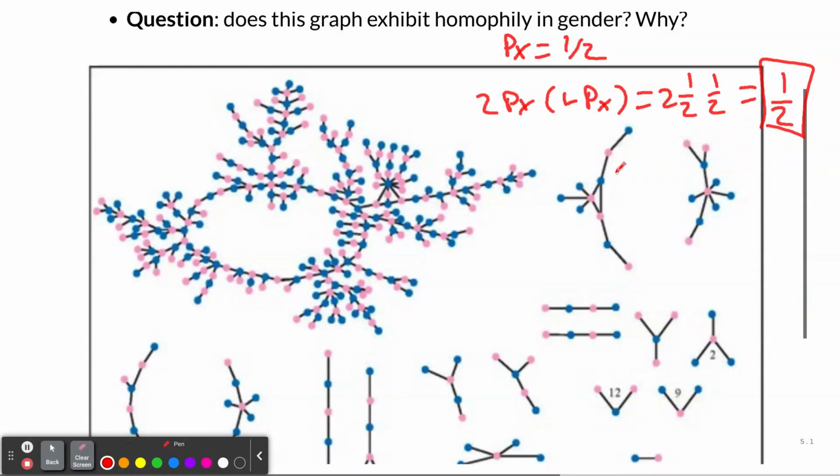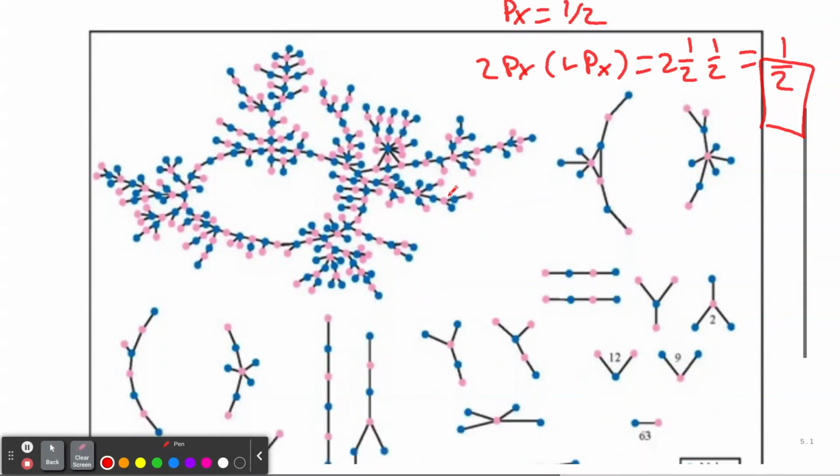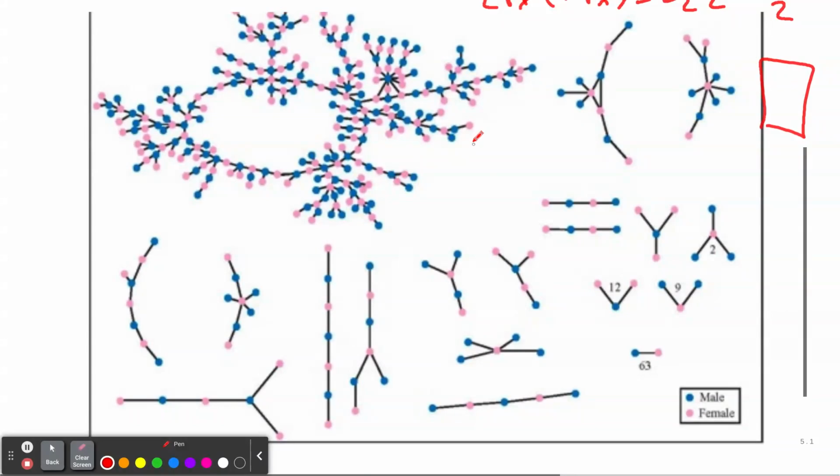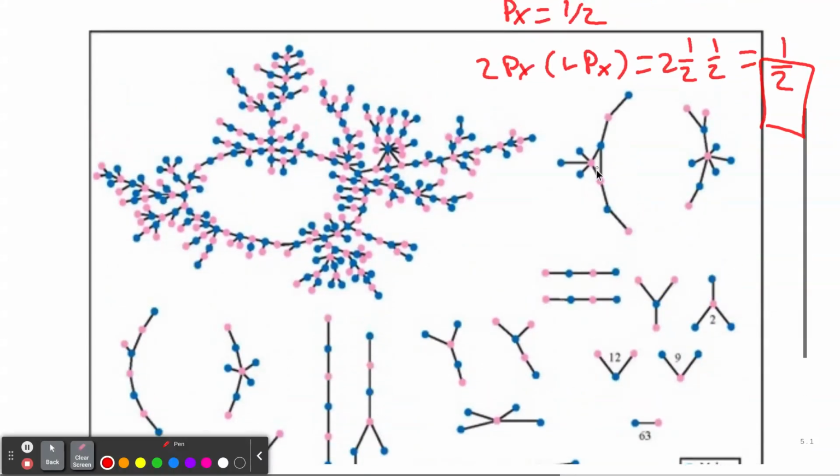Now, just eyeballing this graph, it looks like almost all of these edges are going to be cross matches. I see one example here of two females, but other than that, I can't identify any other same gender matches.